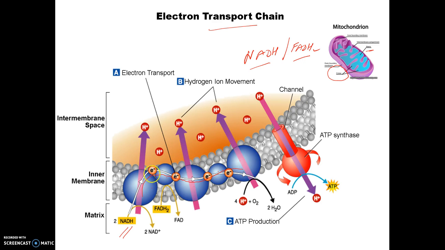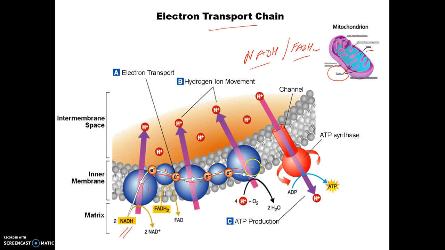As they're passing the high energy electron, every step of the way the electron will lose energy. So let's look at this one. It is going to accept the electron, lose the electron to the second one, which is going to accept the electron, lose the electron. But with every step of the way, the electron is losing energy.